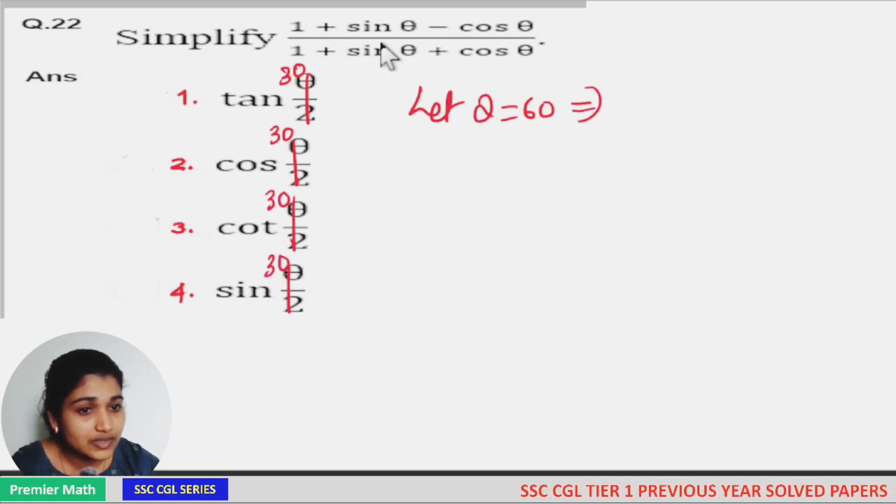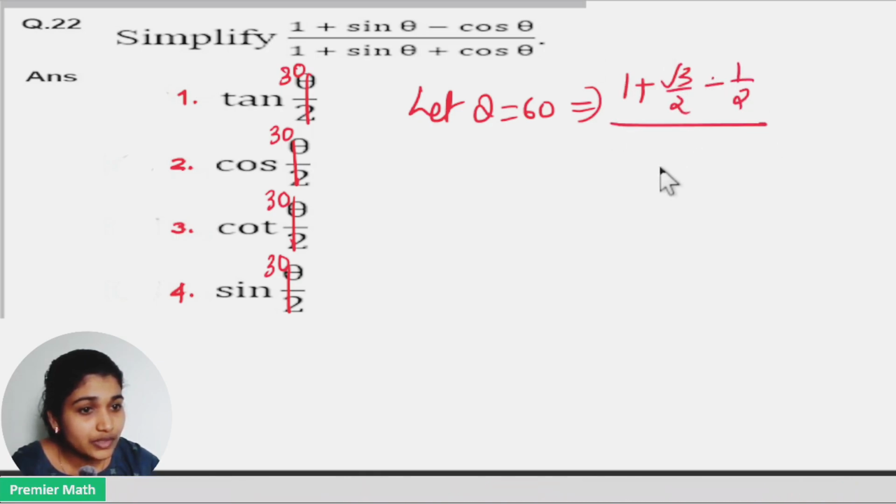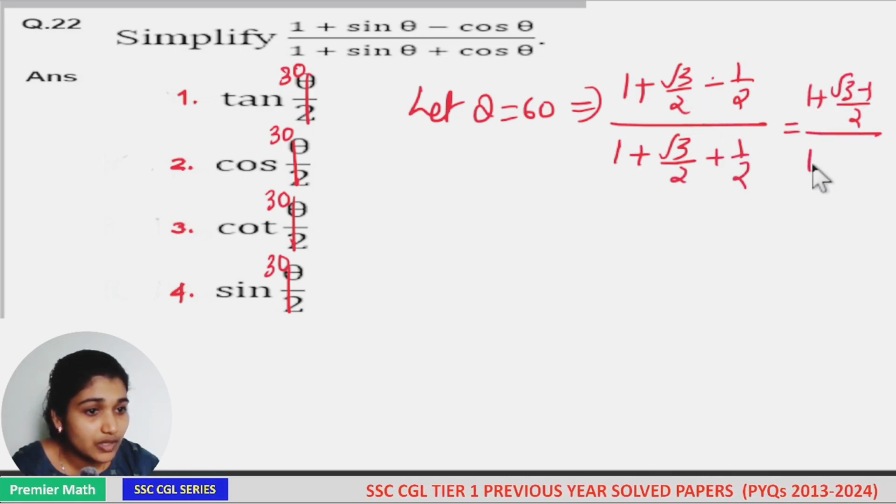Here if theta is 60, this expression will become 1 plus sine 60 is root 3 by 2, cos 60 is equal to 1 by 2, divided by 1 plus root 3 by 2 plus 1 by 2. Now this will become, take 2 as common denominator, so 1 plus root 3 minus 1 by 2 divided by 1 plus root 3 plus 1 divided by 2.